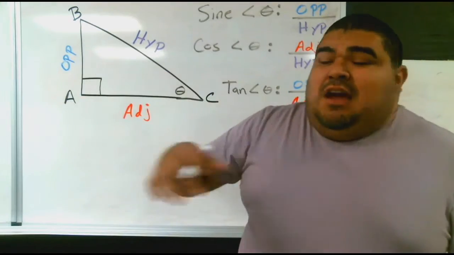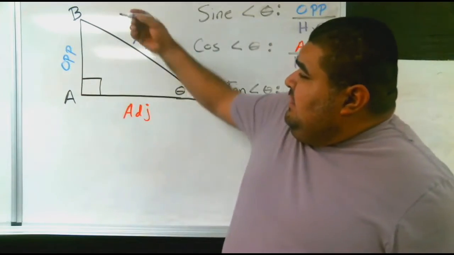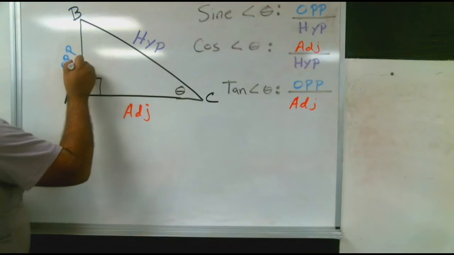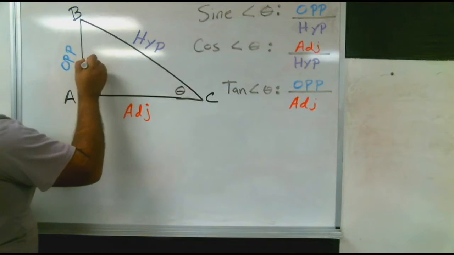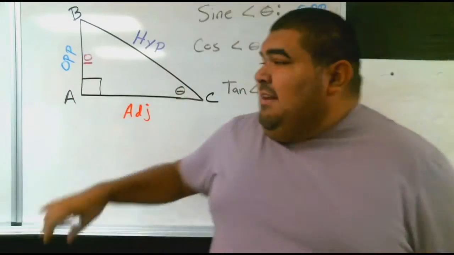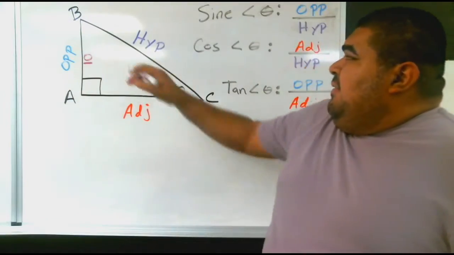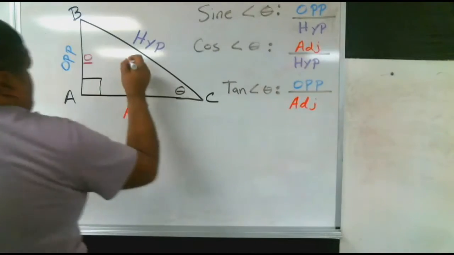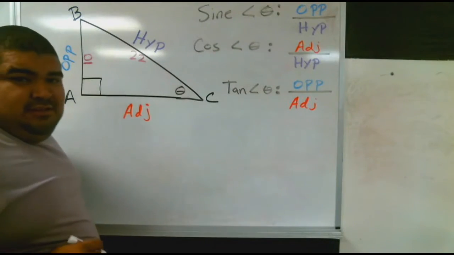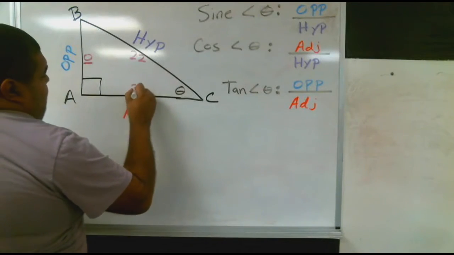Say the opposite is 10, written on the inside, sideways. The hypotenuse is 22, and our adjacent is 2.